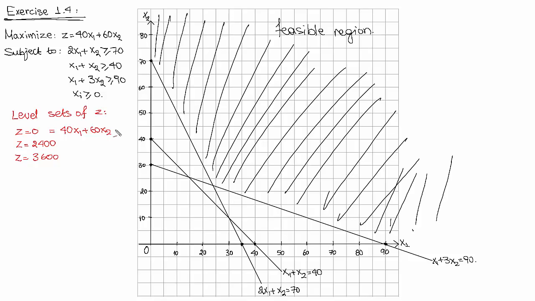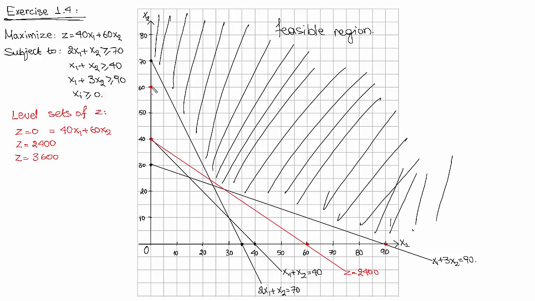So for Z equals 2,400, x1 would be 60 over here, and x2 would be 40 over here. So we are going to have the straight line from 40 down to 60, and this is when Z equals 2,400.